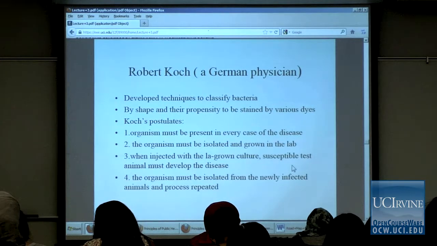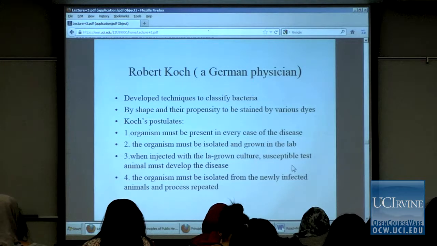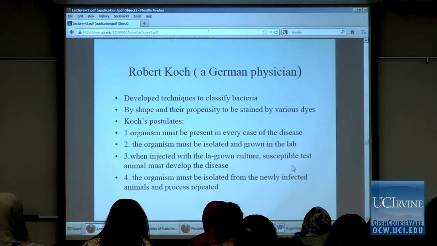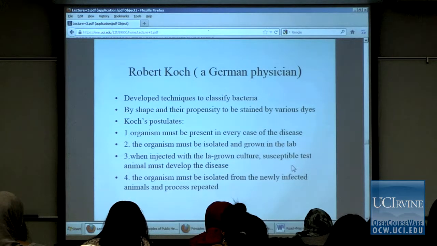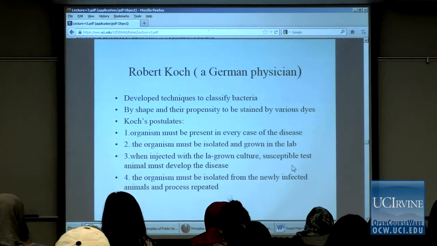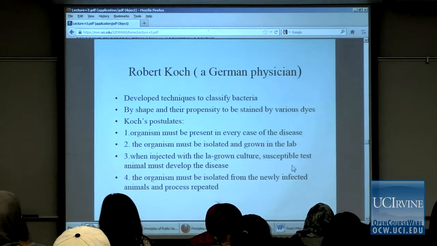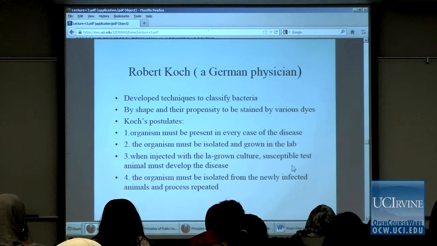But Koch developed the Koch postulates, and he was always thinking, no, it's not just the elimination of pathogens, it's also what the environment in the human body is. So we need to concentrate on the pathogen, but also on the environment in the body.